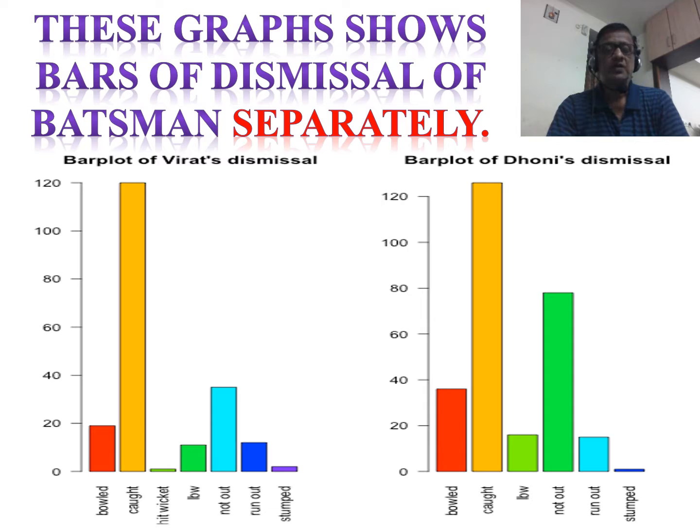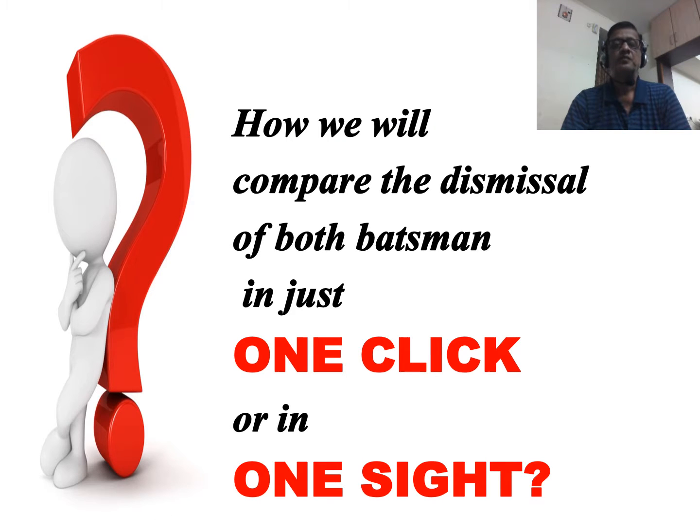Types of dismissals are bowled, caught out, LBW, etc. See these graphs also very carefully. The dismissal of batsmen graphs are shown in a separate manner. Have you observed it? Okay.